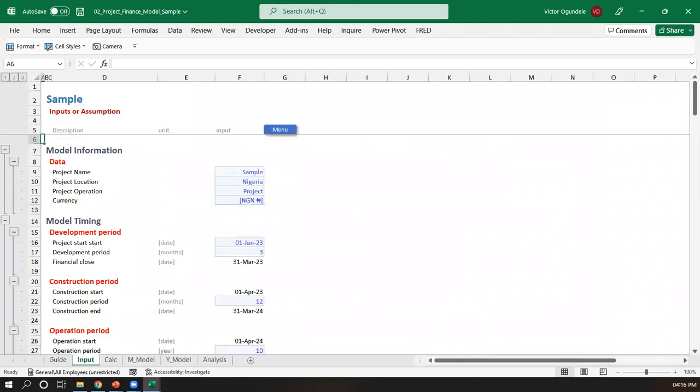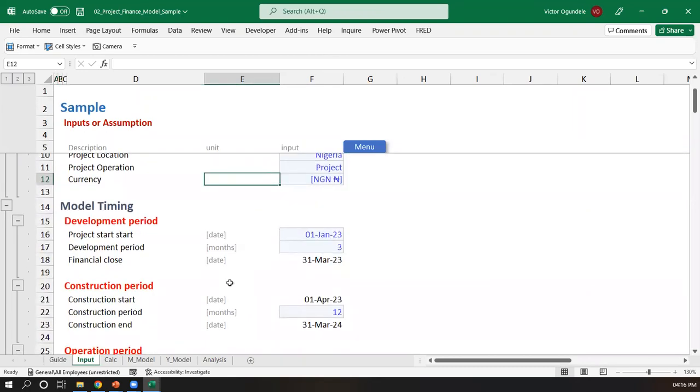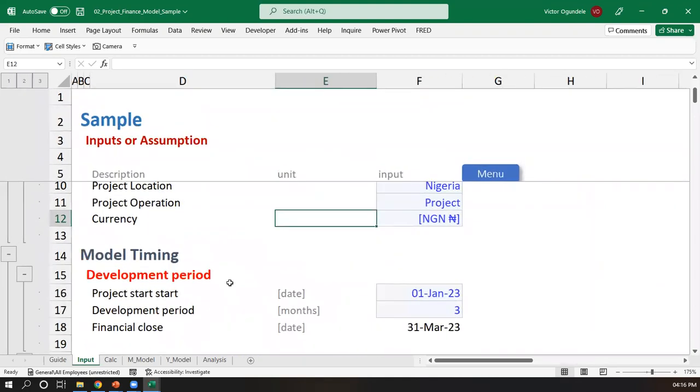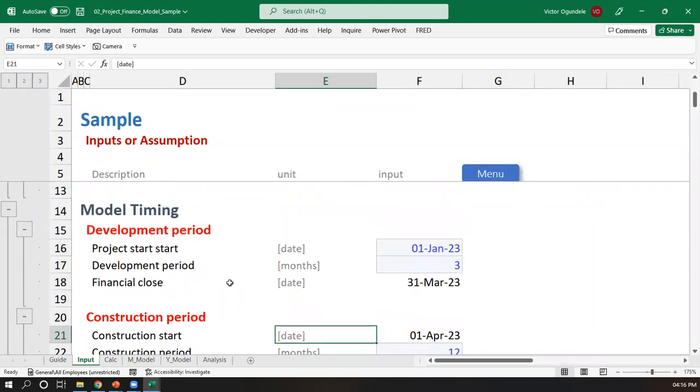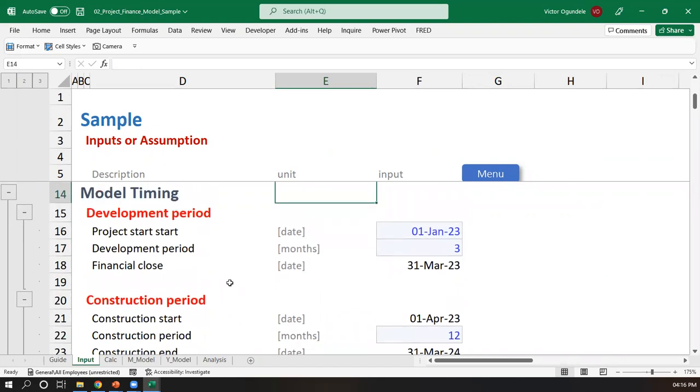Let me just run you through from the input part. Remember when I mentioned that we usually start from the development phase. So we're saying, oh, we're starting this project today. We believe it has started. Now, sometimes it takes 3 or 4 months to establish and get all your documentation right with different financing institutions.